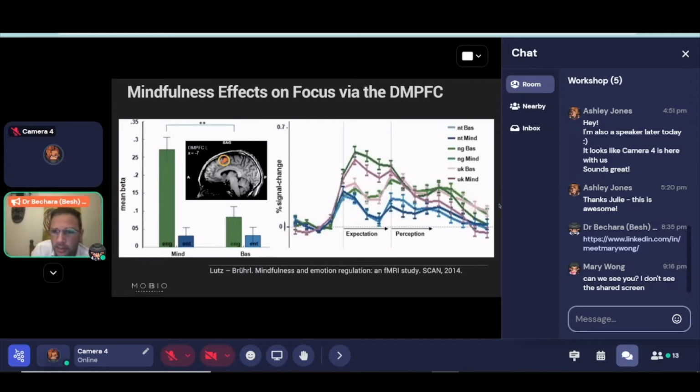Because in both cases, it's the mindfulness group that jumps down more quickly, right? But yeah, it's coming back down to baseline more rapidly.